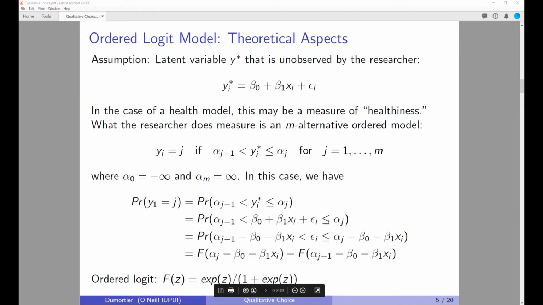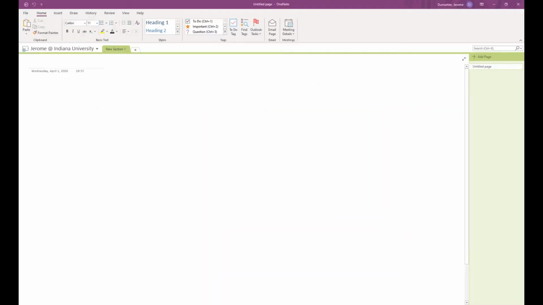Now, in the first part of this lecture, we are going to look at what is called an ordered logit model. And this slide is very technical, but let me explain to you what is going on here in a more graphical way. Suppose you ask people how much they consume of a certain good, or how often they purchase a particular good.